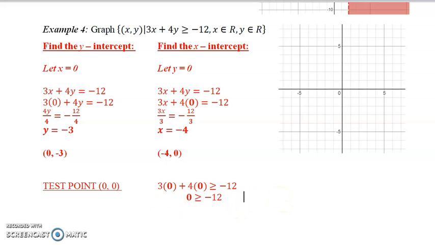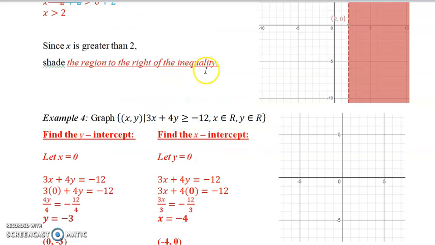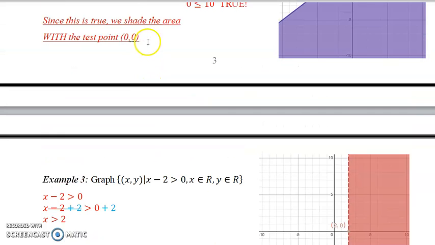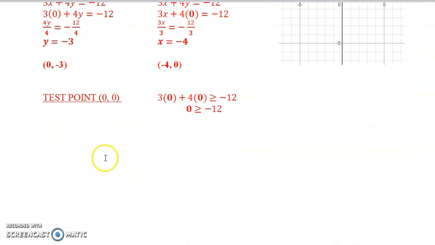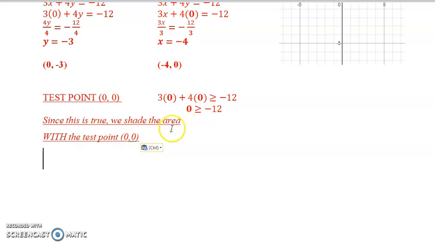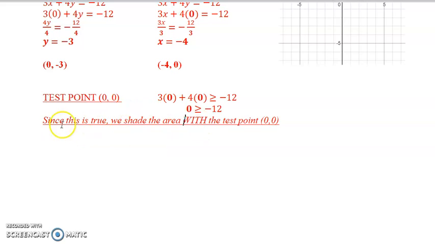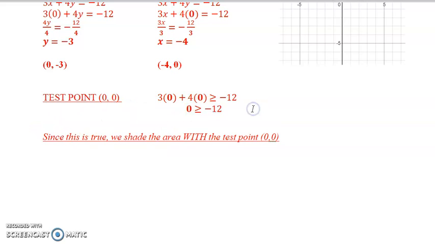Since this is a true statement, we shade the area with the test point.